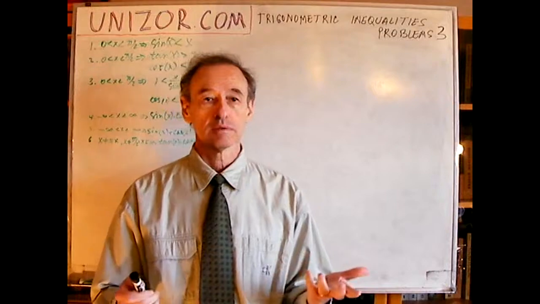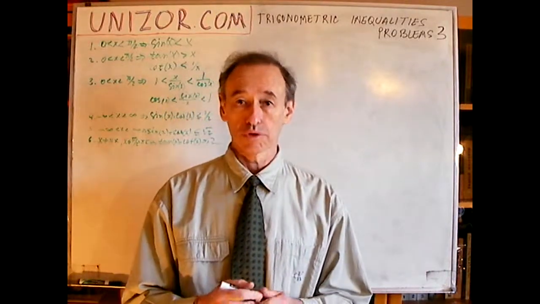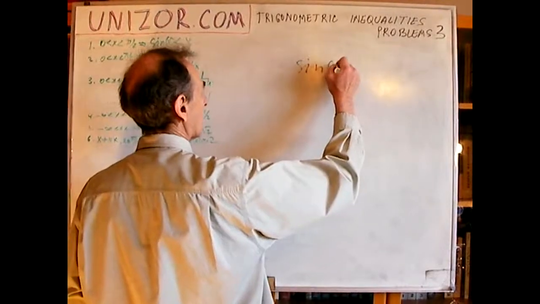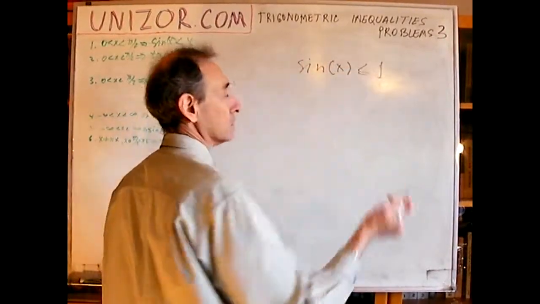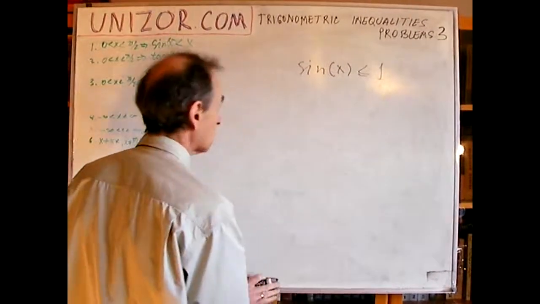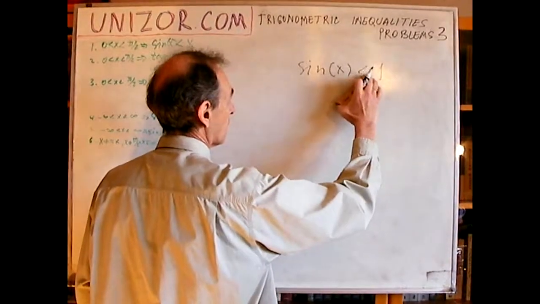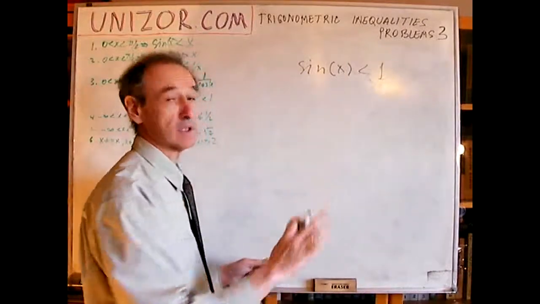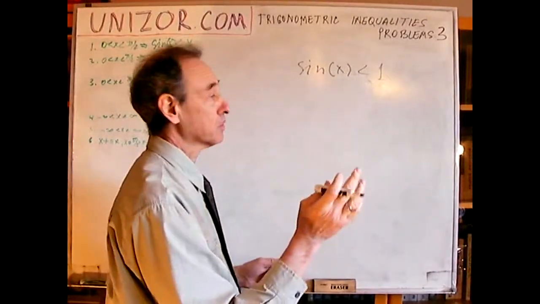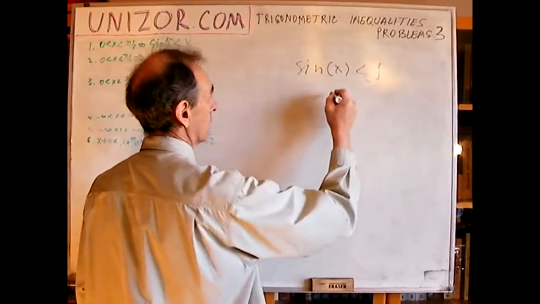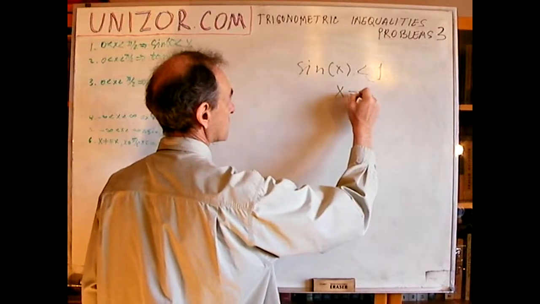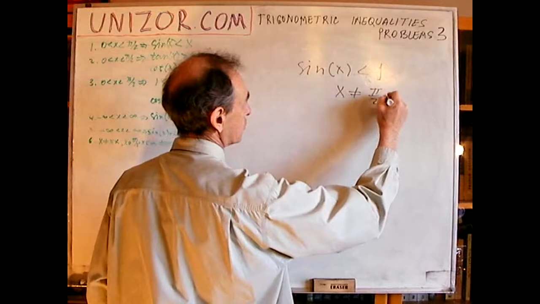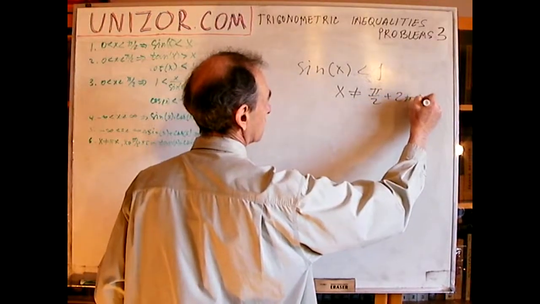Well, there are certain unconditional inequalities. For instance, in trigonometry, you can always have that sine of x is less than or equal to 1, right? But something like this, just less, without the equal sign, if x is not equal to pi over 2 plus 2 pi n.